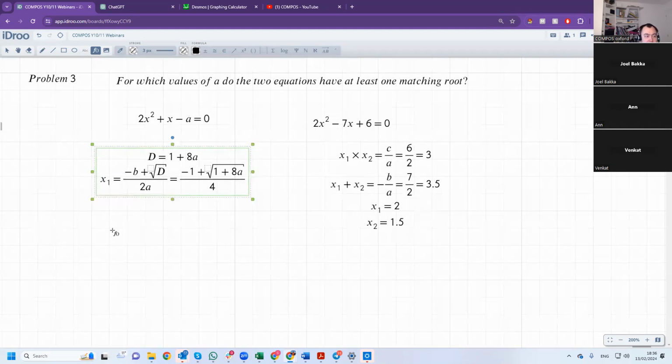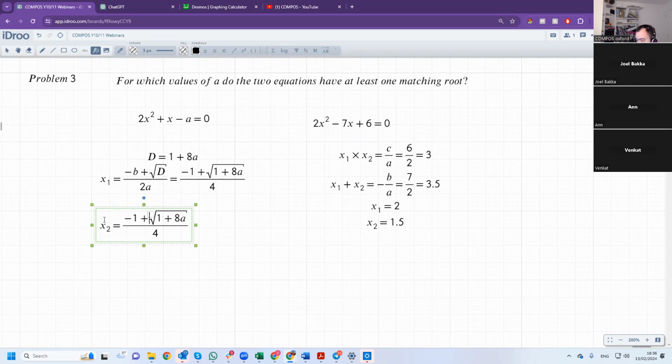Okay, and x2 is very similar, with a minus.